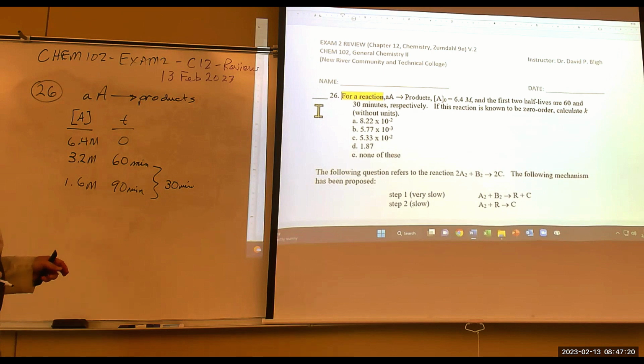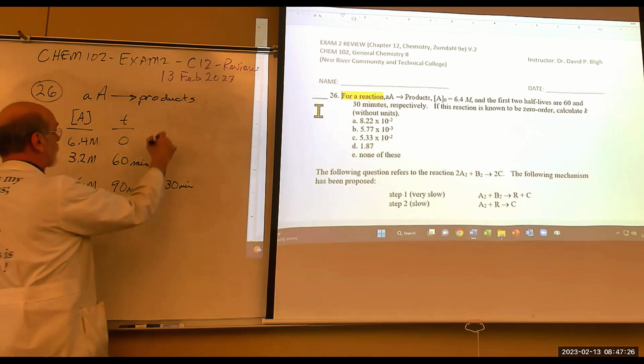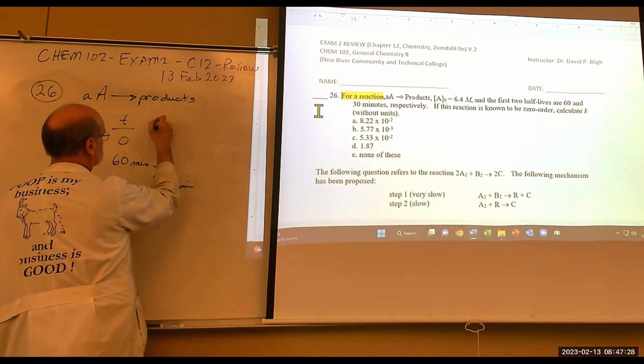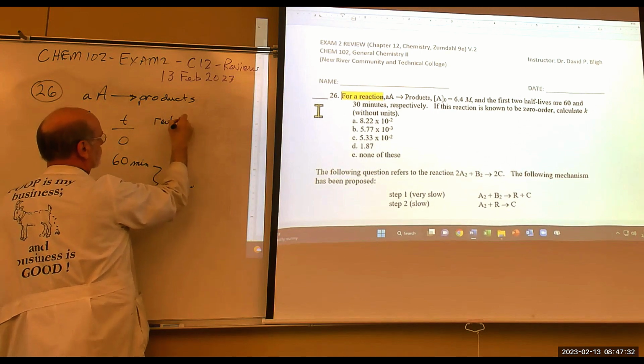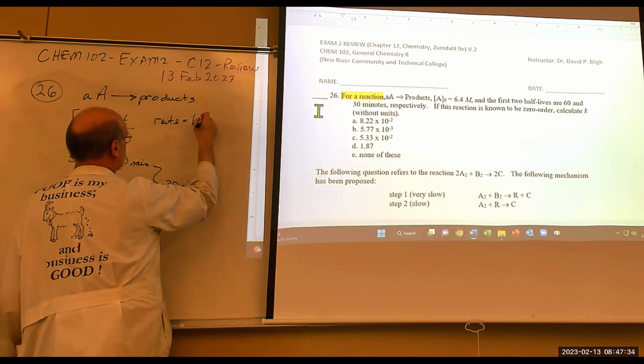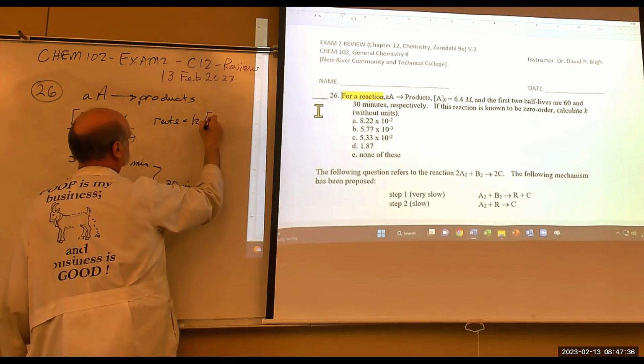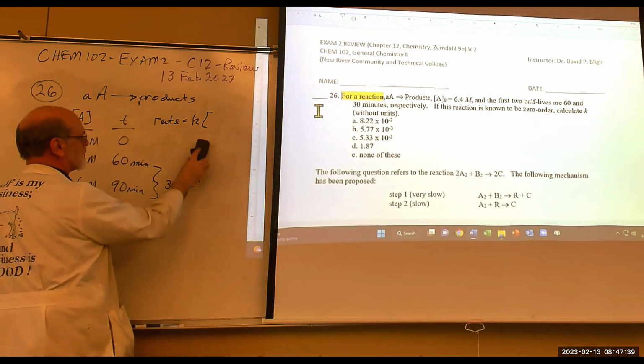Okay, if this reaction is known to be zero order, calculate K. Oh, okay. So we're given zero order. So that means the rate law, we may not need this either. The rate law is K. Actually, it's K. It's zero order.